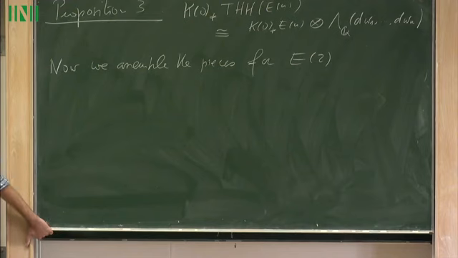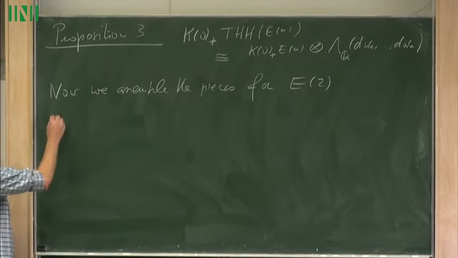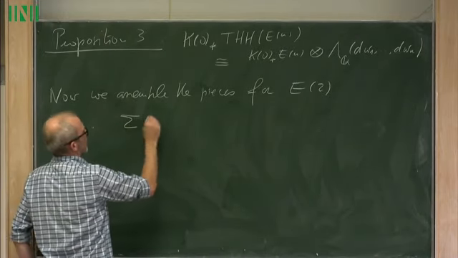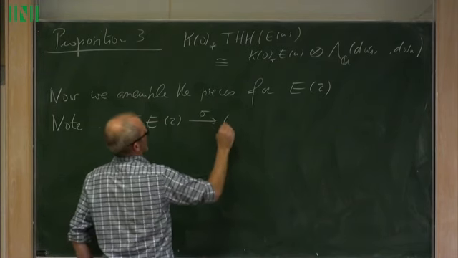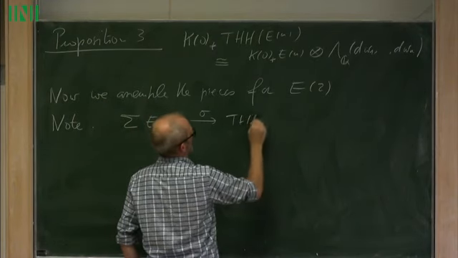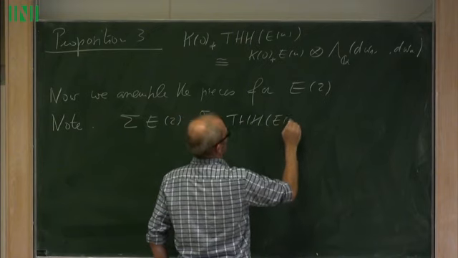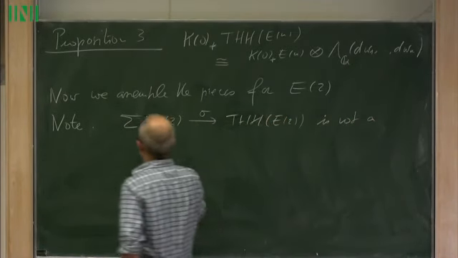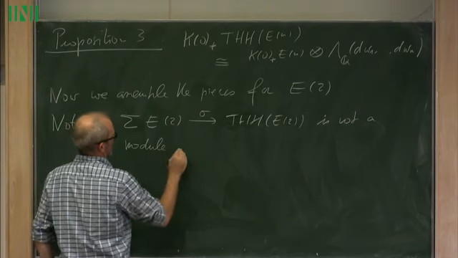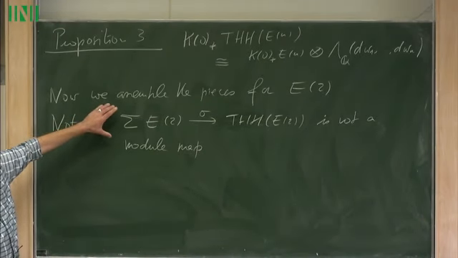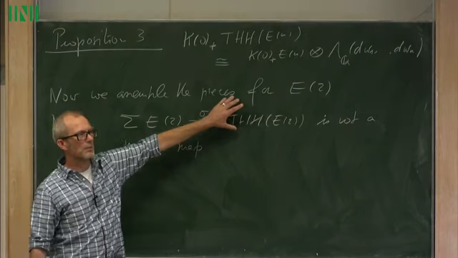And we have a problem: the map that I mentioned earlier is not a module map in general. So you cannot use this map, for example, in the McClure-Staffeldt computation to detect the rational summand.